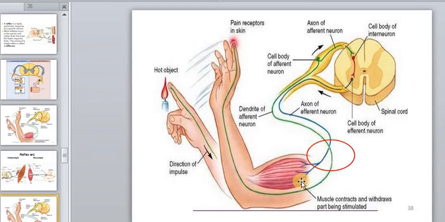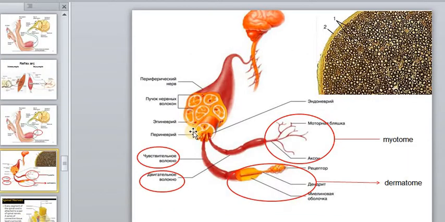Somatic nerve fibers are covered with myelin, as you know, and here we have two fibers: one is a sensitive fiber, and the other is a motor fiber. And in a nerve, we see a lot of fibers inside.